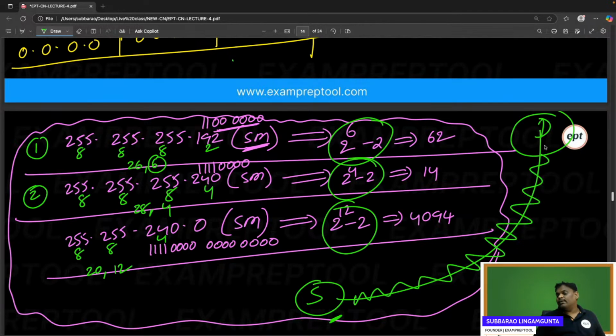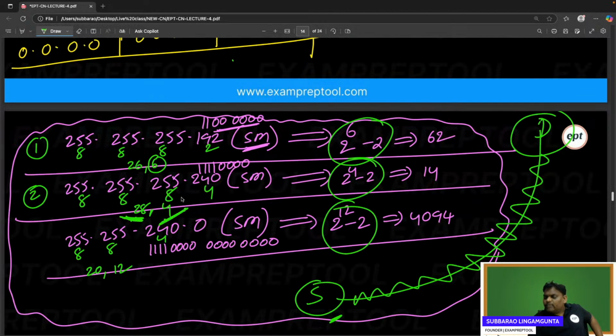Try to understand, right? So whichever subnet mask contains more ones, remember, more ones means less host.